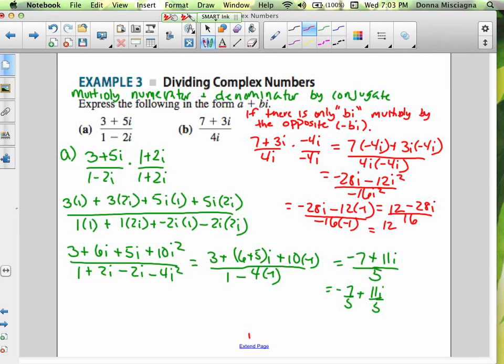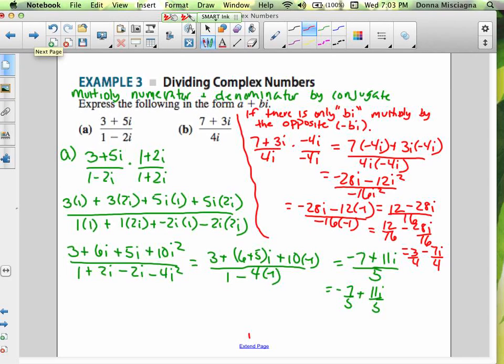So we have 12 sixteenths minus 28i sixteenths, and that does reduce to 3/4 minus, right, they're both divisible by 4. 28 and 16 are divisible by 4. That would be minus 7i over 4. And there we go. We just reduced. And there is our answer.